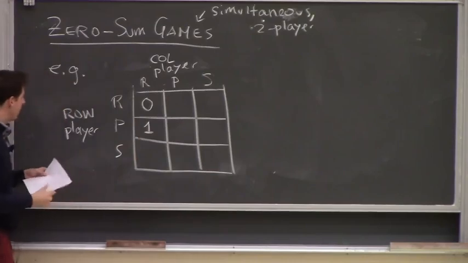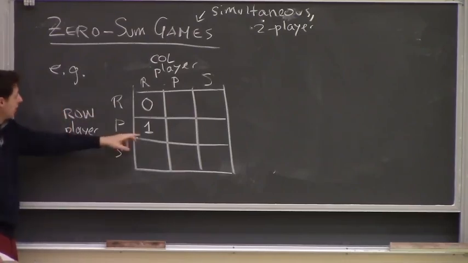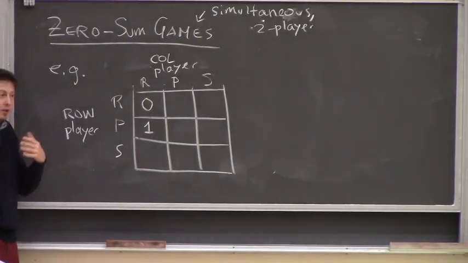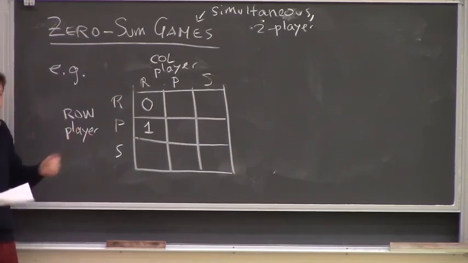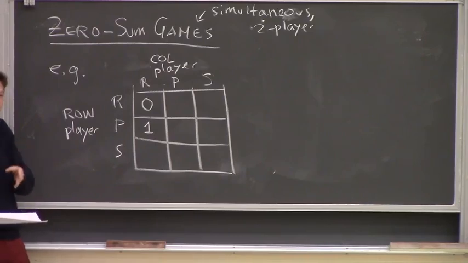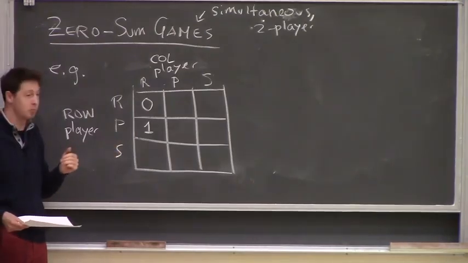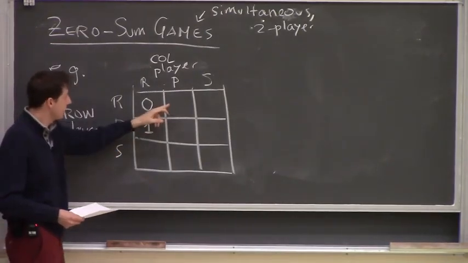That denotes that the row player has won with utility 1, and at the same time, the column player has lost with utility 1. It's symmetric. It's zero-sum in the sense that it cannot be that both of them are happy. To every unit that the row player is happy, there's a corresponding unit that the column player is unhappy. So by symmetry, what should we write in this other column here?